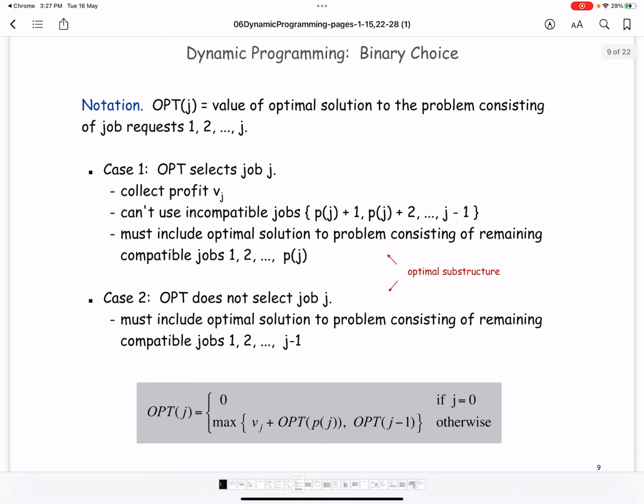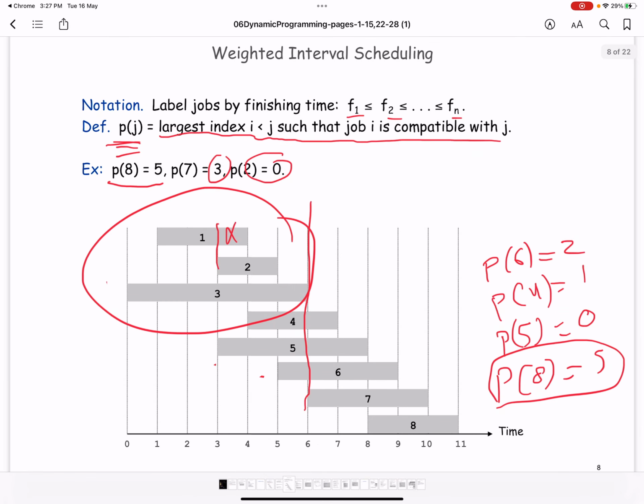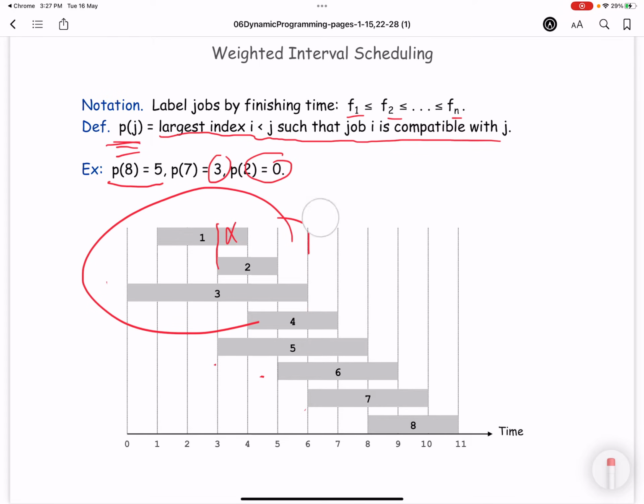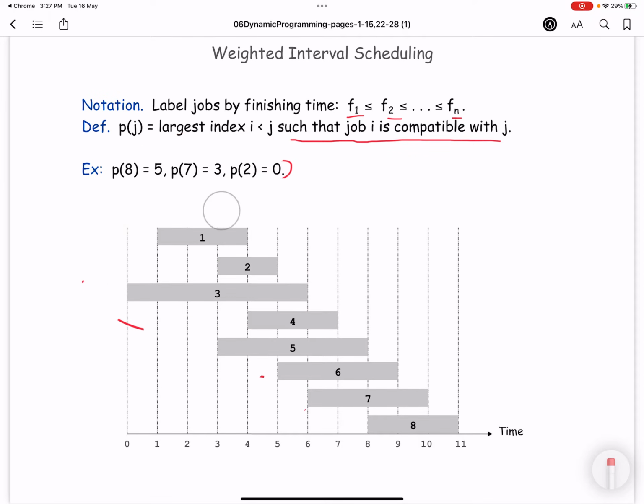So now we will have another notation. It's optj. Optj is the value of the optimal solution of the problem consisting of job requests from 1 to j. So let me go back to the example and I tell you what's optj.